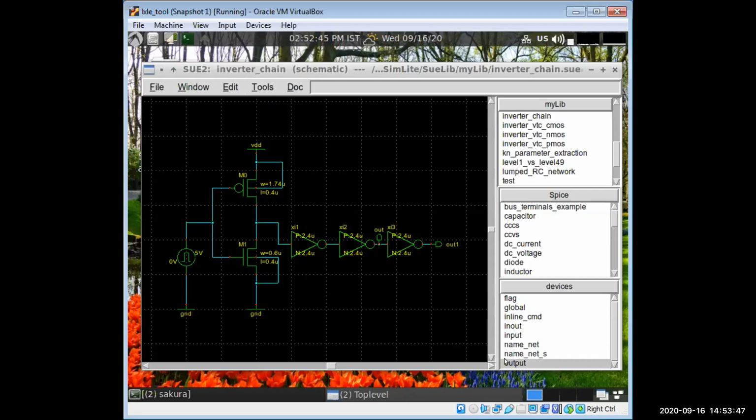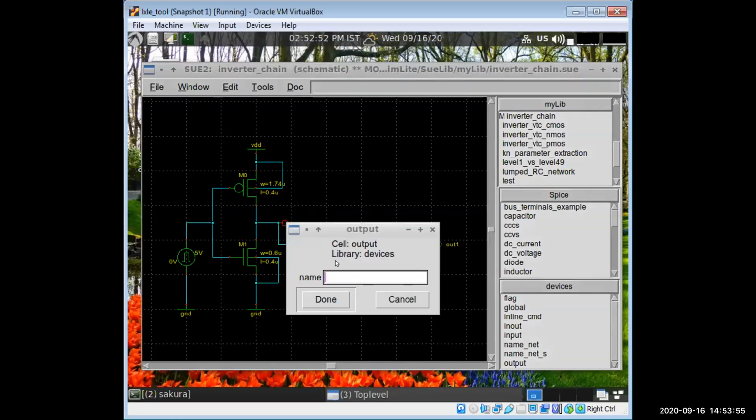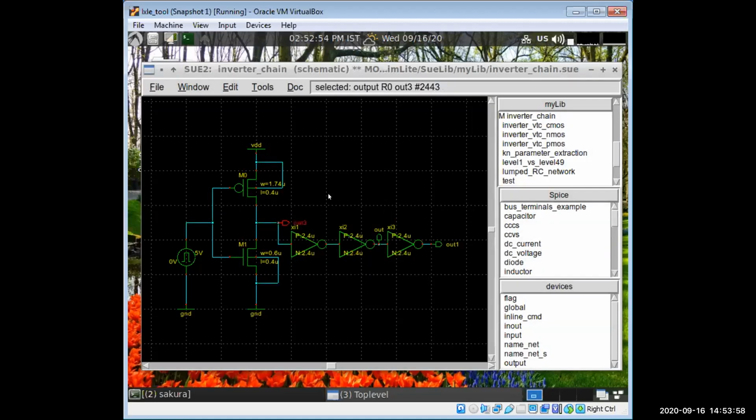One output to be connected here also. This is out 3 maybe. I don't need to show this; let me only show you that.